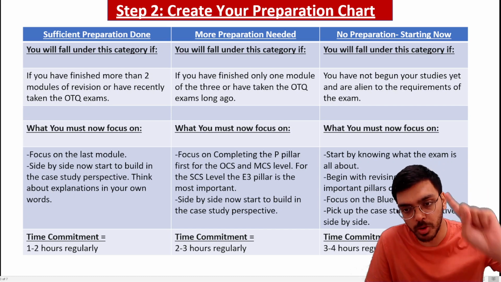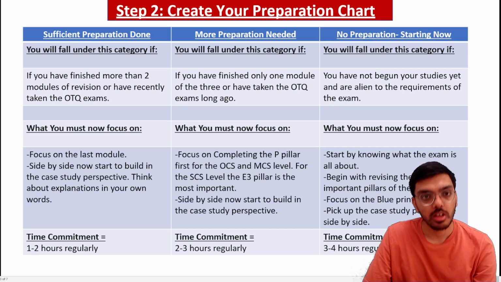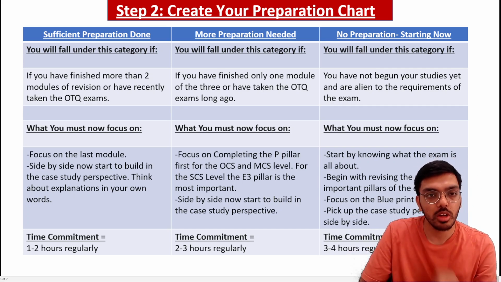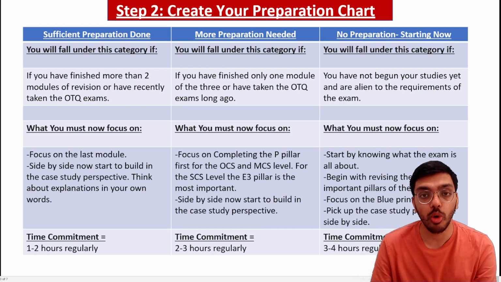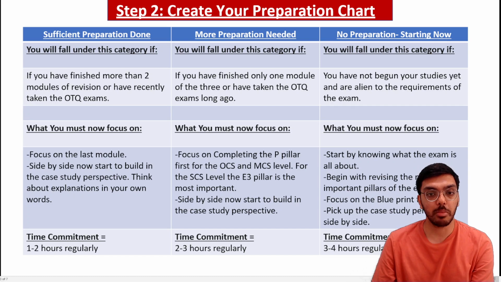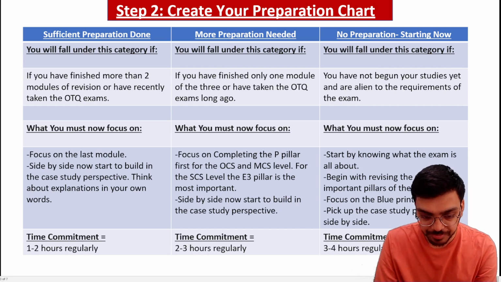So step number 1 was figure out where you are. To figure out where you are, you need to move to step number 2, which is to create your own preparation chart that works for you, which is specific for you.